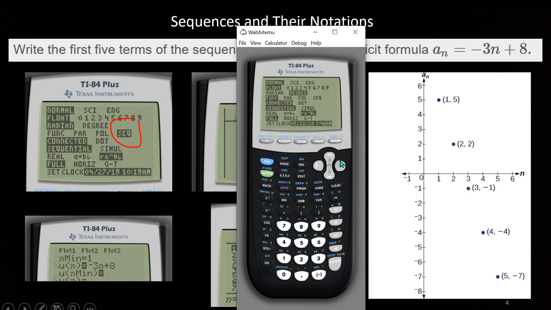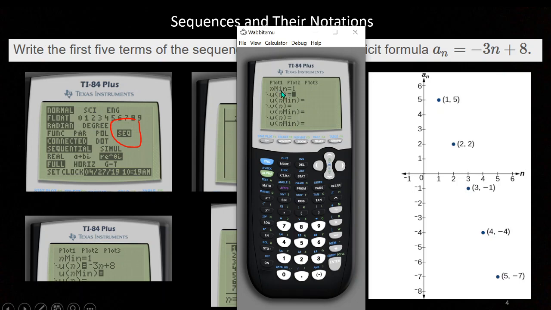We're going to change it to sequence and press enter. Now the difference is when you go to y equals, you don't see y1, y2. You see two things here. Now first of all, this one applies to all of them.